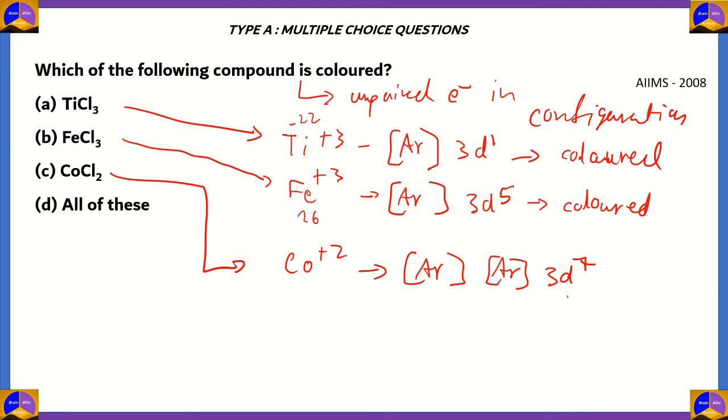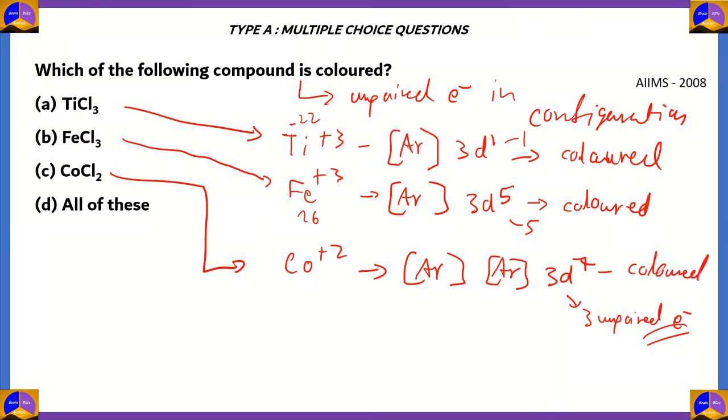In 3d7, you'll have 3 unpaired electrons, because we use Hund's rule of maximum multiplicity here. For 3d5, it's 5 unpaired electrons. For 3d1, it's 1 unpaired electron. So regardless of the number of unpaired electrons, it's still going to be colored.